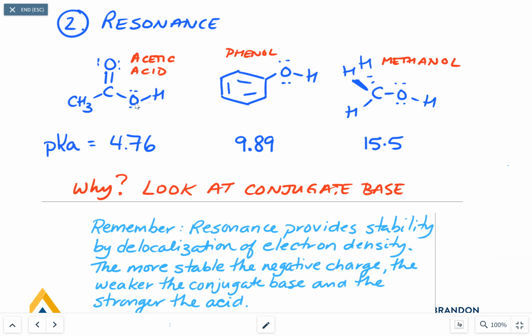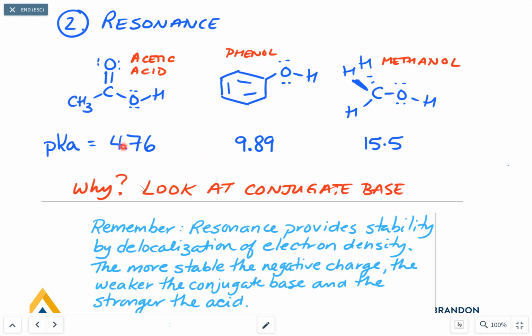So in each one of these cases, it's an OH bond, right? OH, OH, OH. But the difference in the pKa's is enormous. Just a massive difference between methanol and the carboxylic acid.